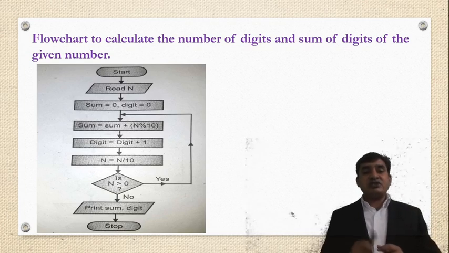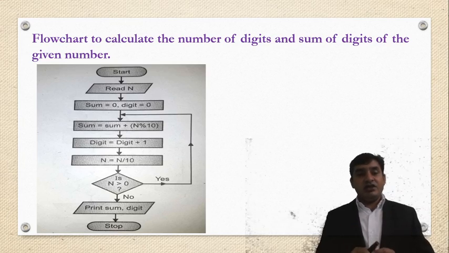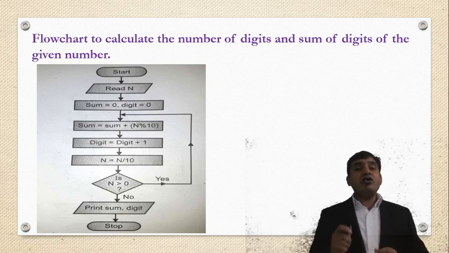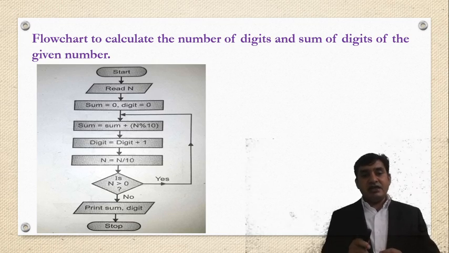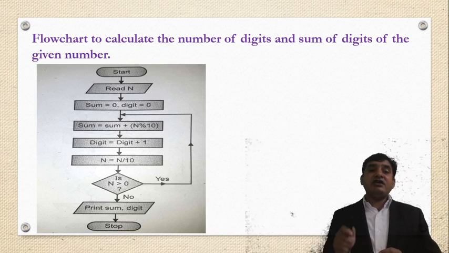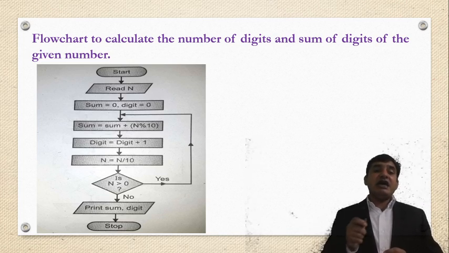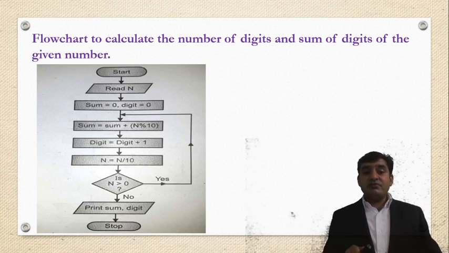Sum is equal to sum plus n mod 10. That is, number n is divided by 10 and that remainder is added to sum.